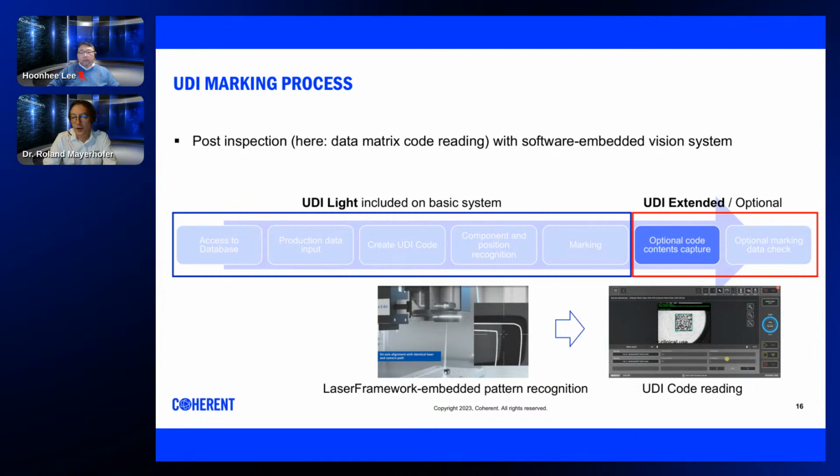So we are comparing the content to the programmed one, but we can also have a grading of the code. So this will give you information how good the code is. According to the typical standards that are used internationally, it's not exactly that standard because we're using a different illumination in our system than in the standards, but it's based on that.